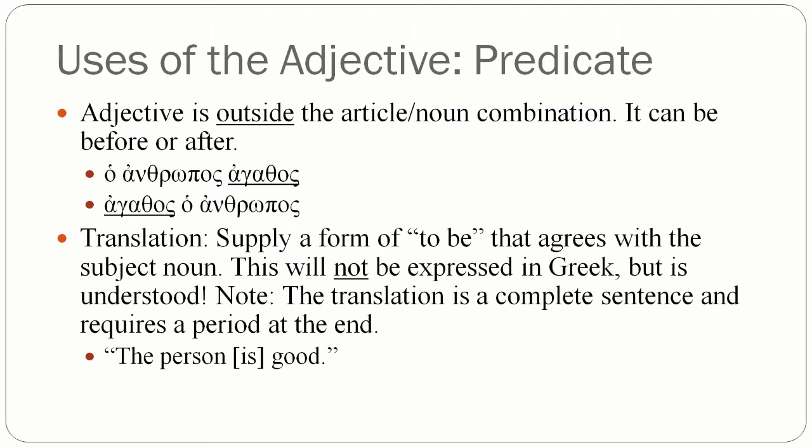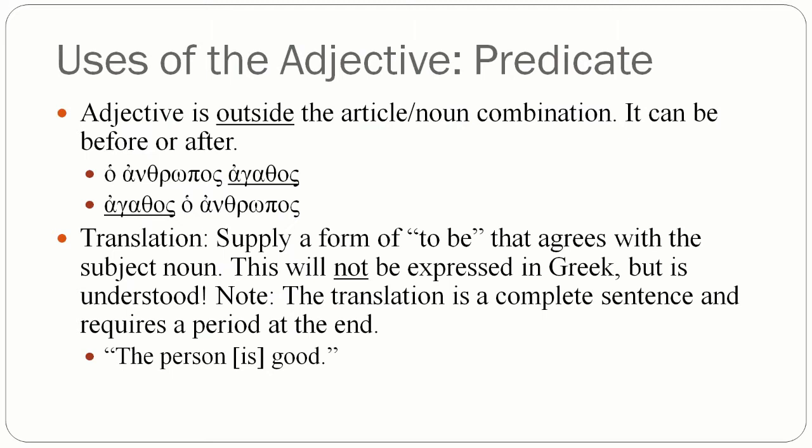You can see with these examples, the article is ha, the noun is anthropos, and agathos is sitting outside of that. In the first example, it's after the article and the noun. In the second example, it's before the article and the noun, but it is separate from that combination. It's not within it, and there is no second article dragging it in.